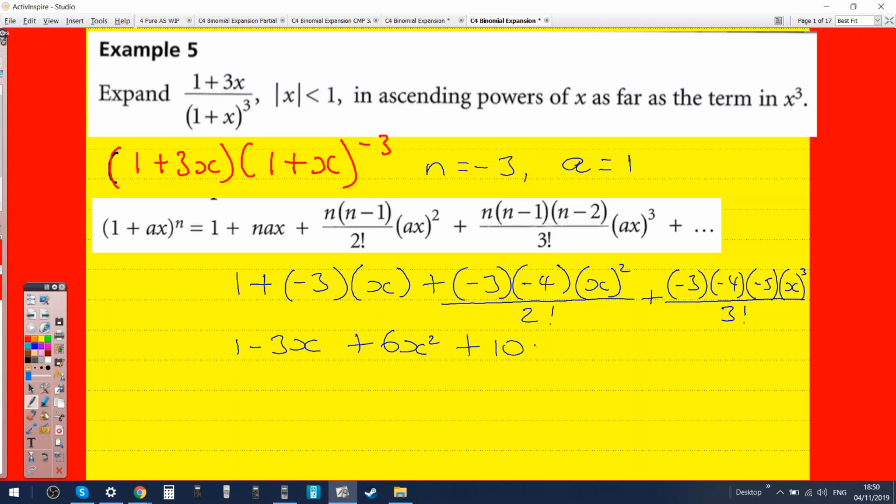And then all of that is multiplied by 1 plus 3x. And do I need to multiply everything? Oh yeah, I do.